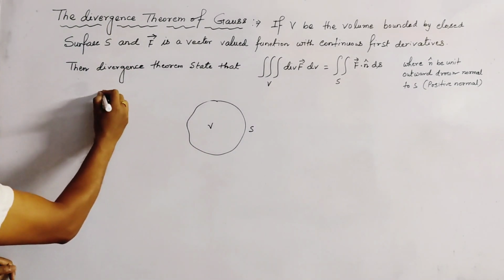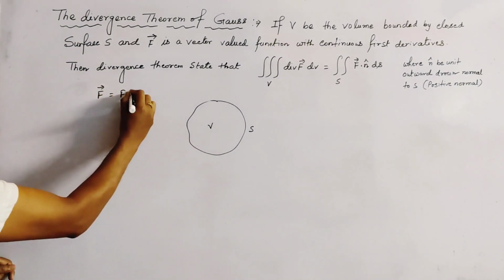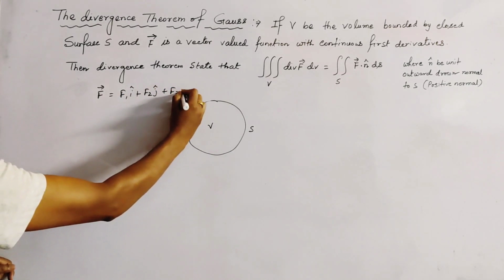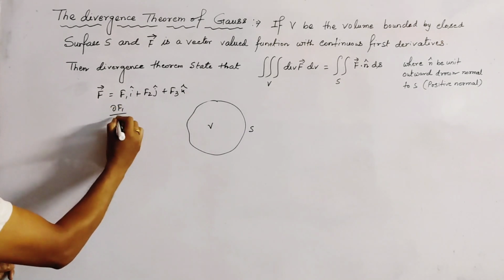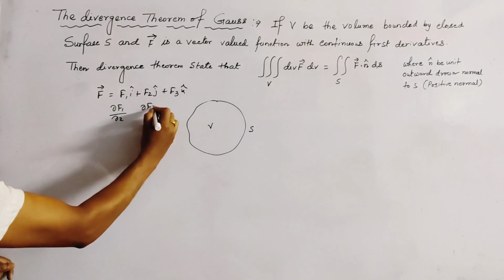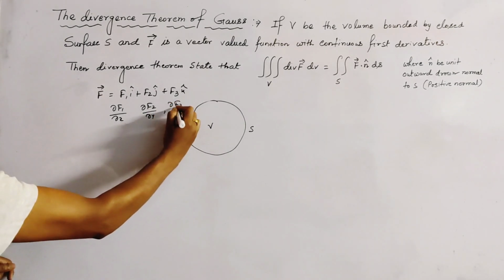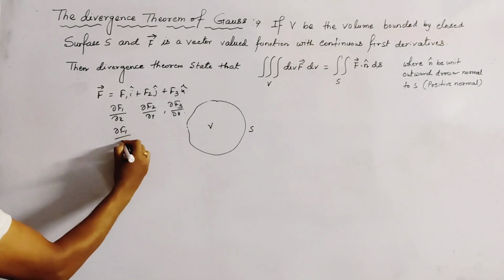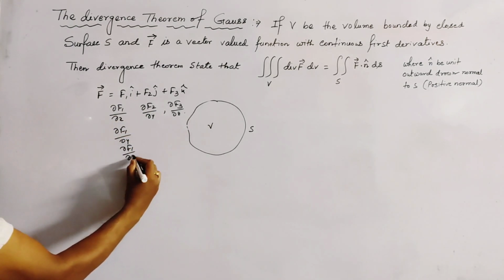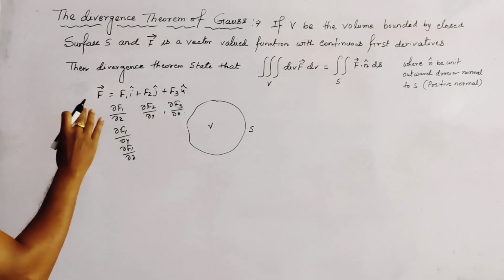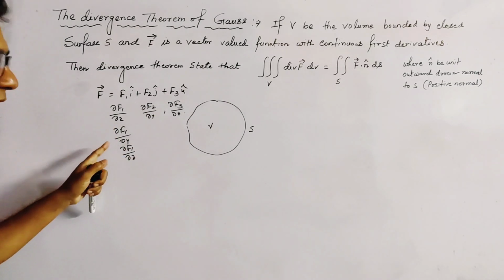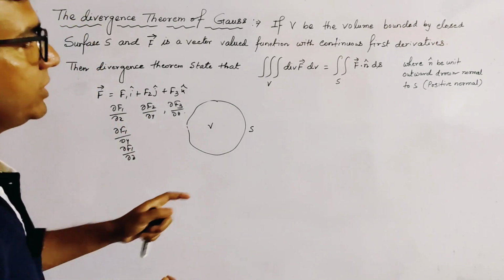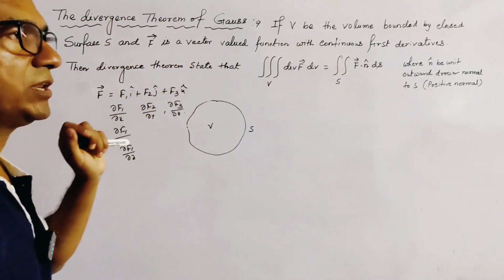That is, if F vector is F1 i plus F2 j plus F3 k cap, then del F1 by del x, del F2 by del y, del F3 by del z, and other derivatives like del F1 by del y, del F1 by del z, etc., are all first order derivatives with respect to x, y, and z, and these must all be continuous. This is the meaning of continuous first derivative.